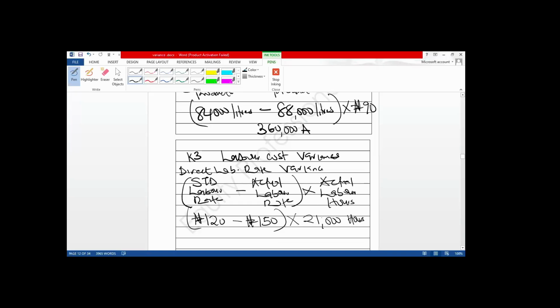Our plan is to pay 120 naira per hour. We now pay them actual 150. Management will now summon head of HR. Why are you paying them 30 naira extra? This will give you negative variance. 630,000 adverse.